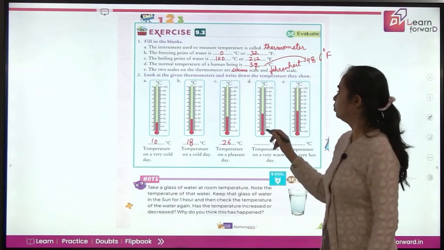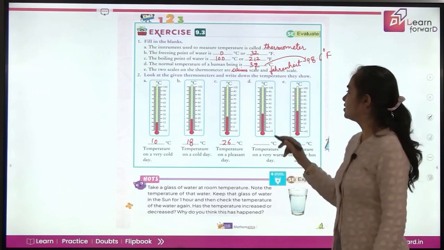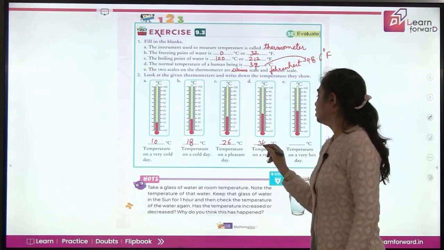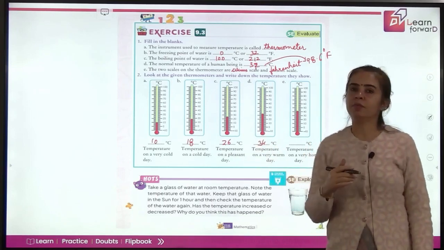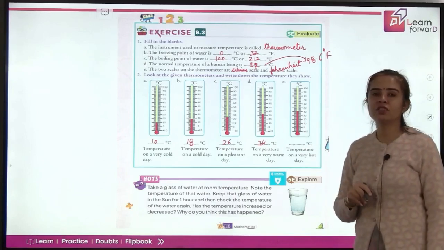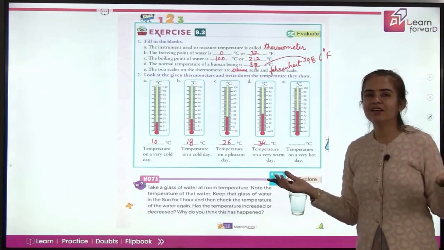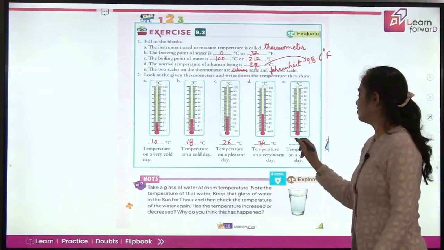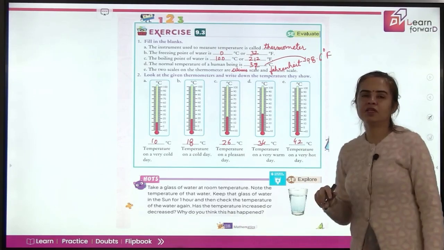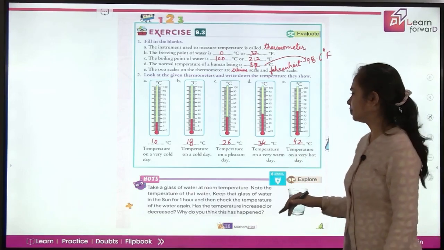Coming to next, what do you see here? Yes, it is 2 steps above 30. So it is 34 degrees, which is on a very warm day. And then we have hot days also, where the temperature has crossed 40 and it has reached 42, perfect reading. So it is 42 degrees centigrade, and this is the temperature on a very hot day.